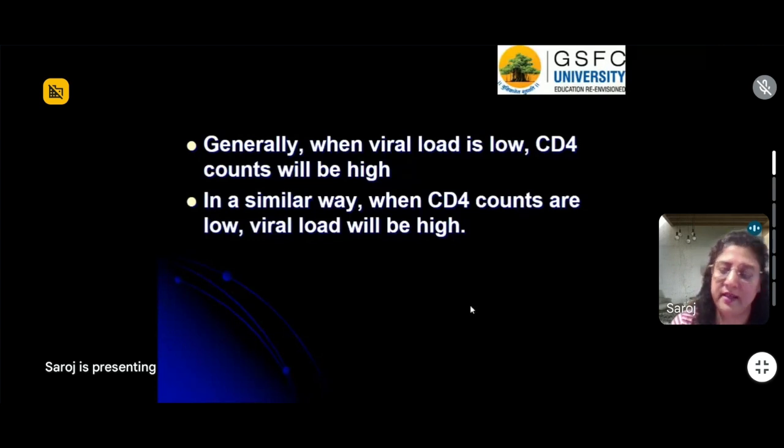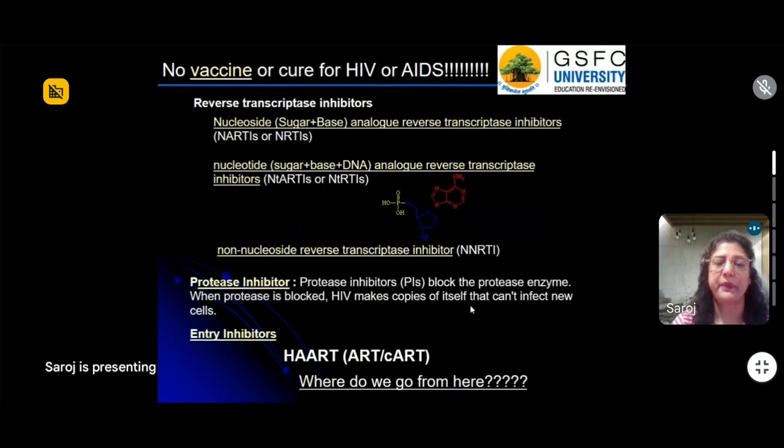Generally, as it relates to the CD4 cells, if the CD4 cell count is very high in your body, that means the viral load is low, and if the CD4 count is low, it is the indicator that the viral load is high. So that was as far as your immune system, and how HIV is sabotaging your immune system, goes.